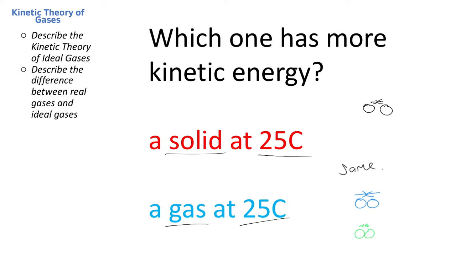But you should recognize that they have the same amount of energy. It's just what's holding them together is at different levels, and therefore will affect what state they're in at that same temperature. Same energy, but the strength of attraction is different.